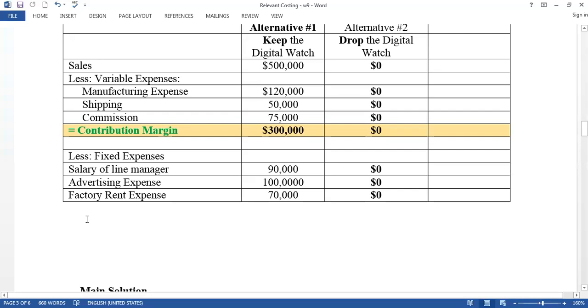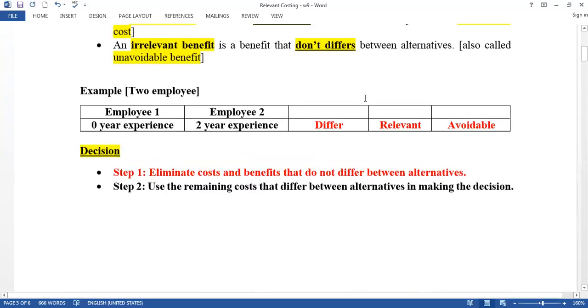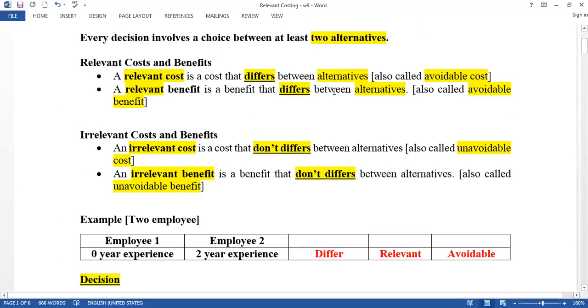And the formula here is, if CM is greater than avoidable, can you remember I told you that if there is any difference, it is called avoidable. If there is any difference, what is another keyword? Keyword is avoidable, right?